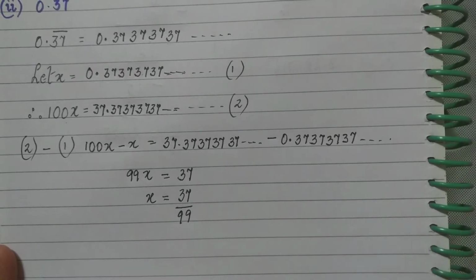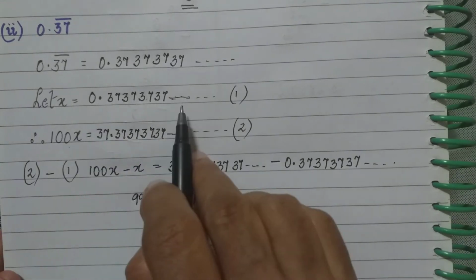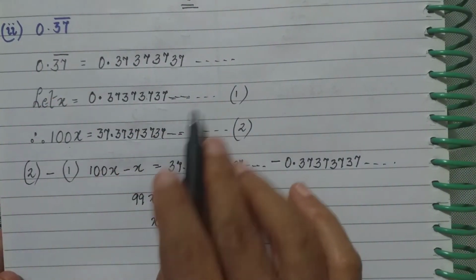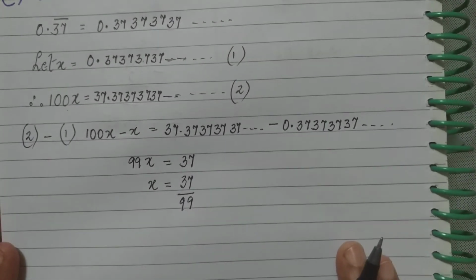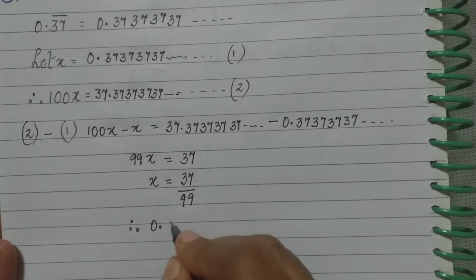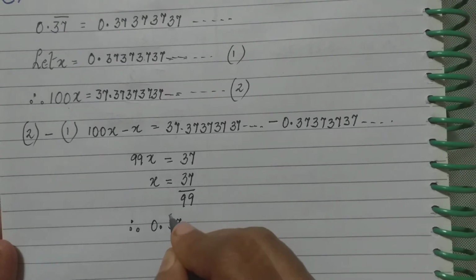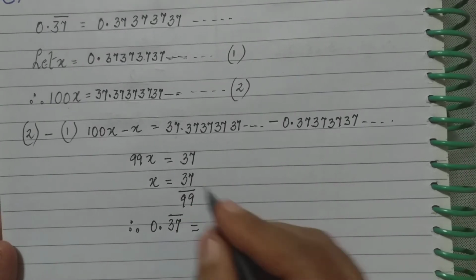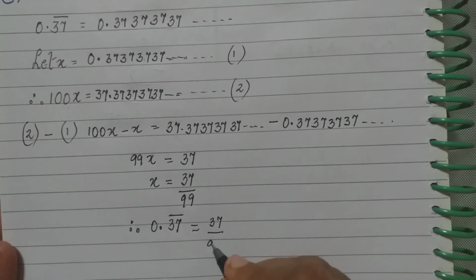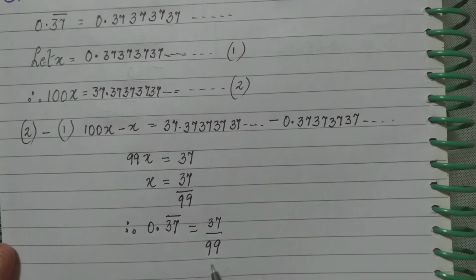So x is this, and x was the same thing as the question, that is 0.37 recurring. Therefore, we write the answer: 0.37 recurring is equal to 37 upon 99.